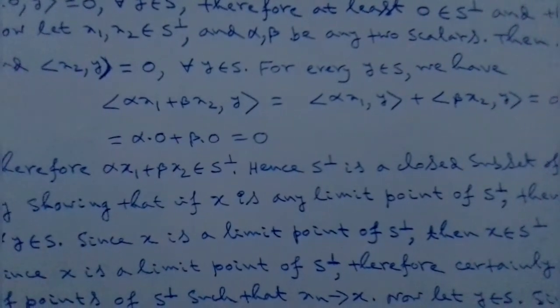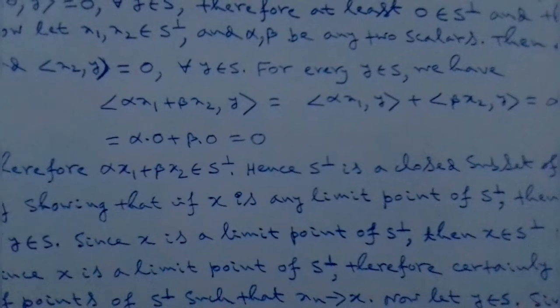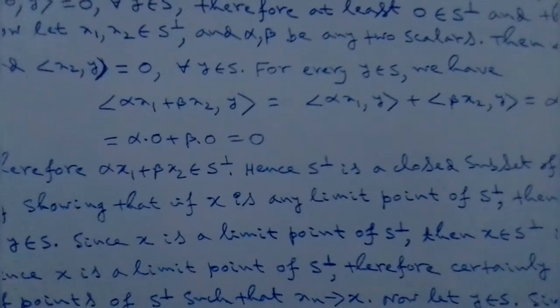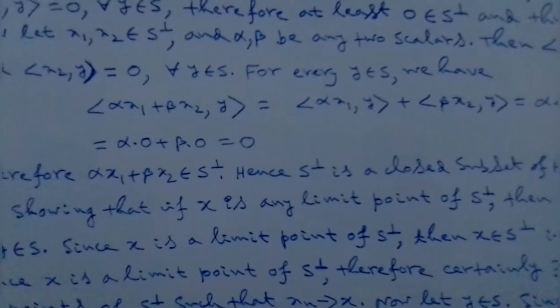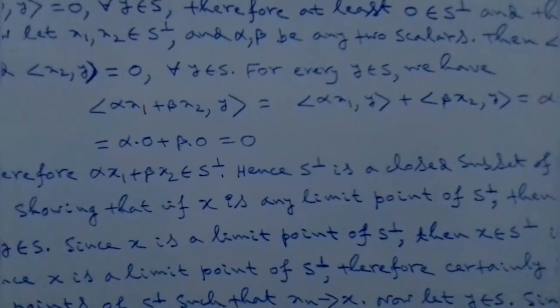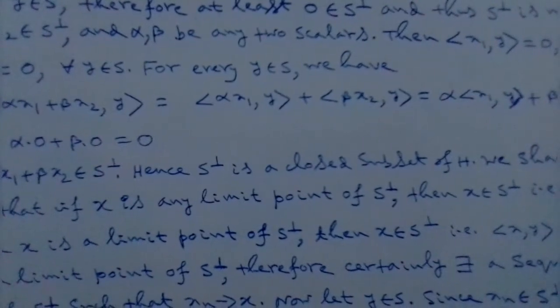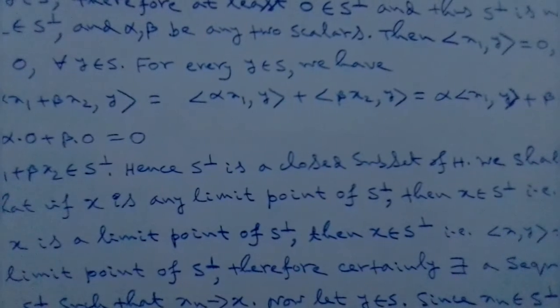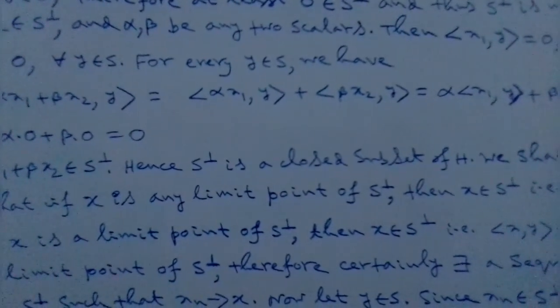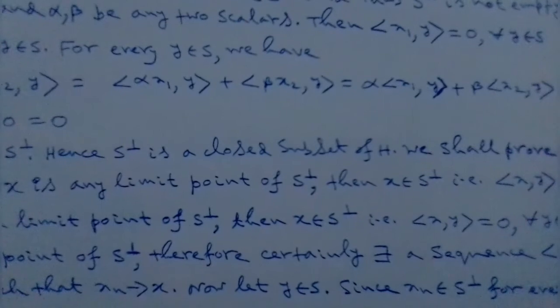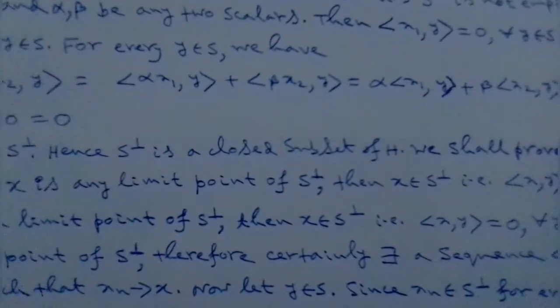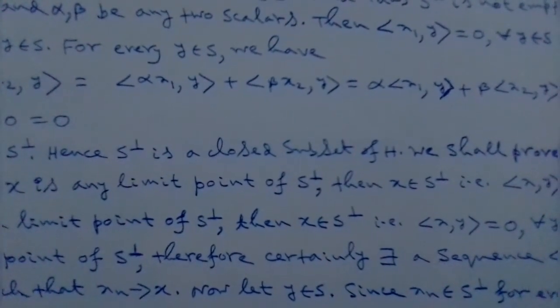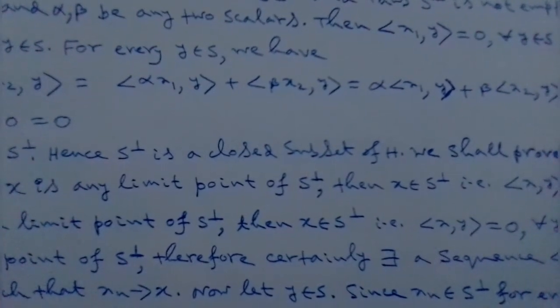Taking the linear combination, alpha x1 plus beta x2 dot y, using the linearity property, can be written as alpha x1 dot y plus beta x2 dot y. As an inner product, we can write it as alpha times x1 dot y plus beta times x2 dot y.